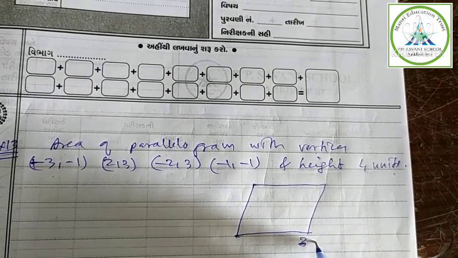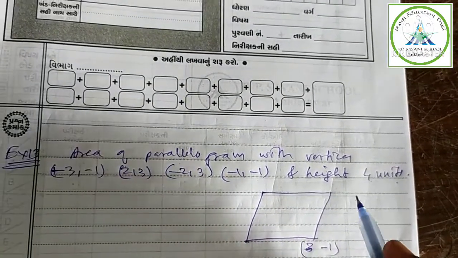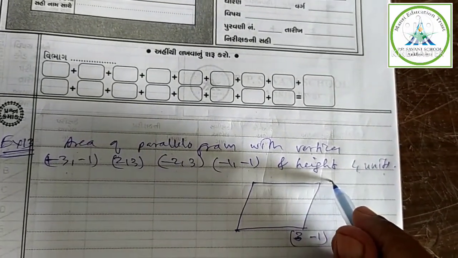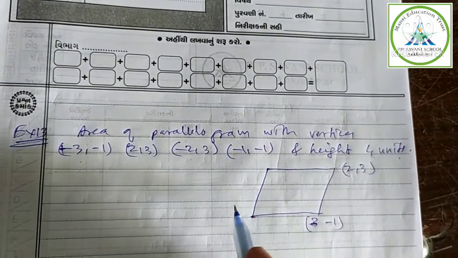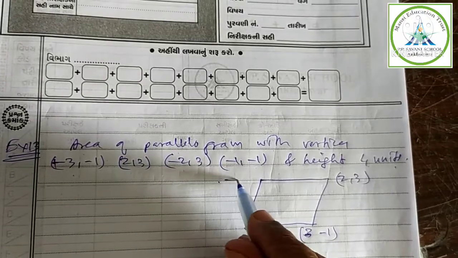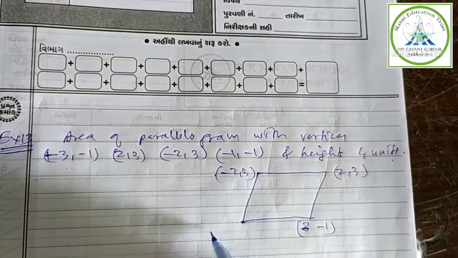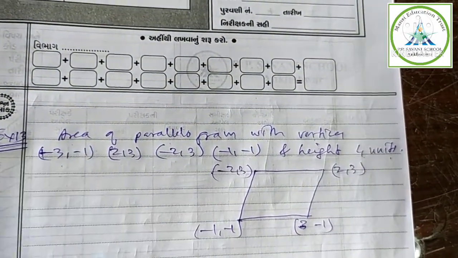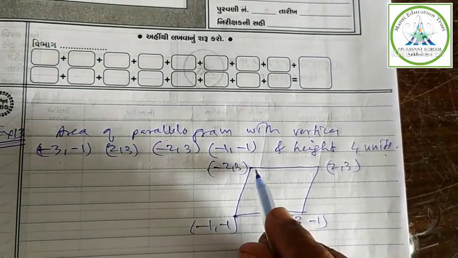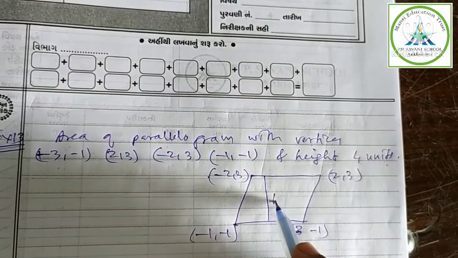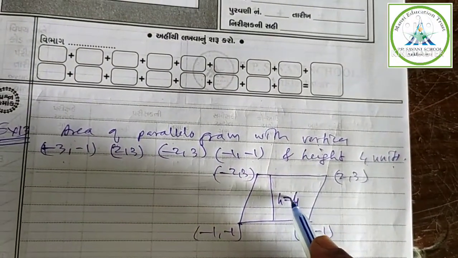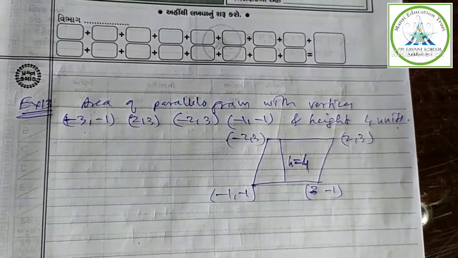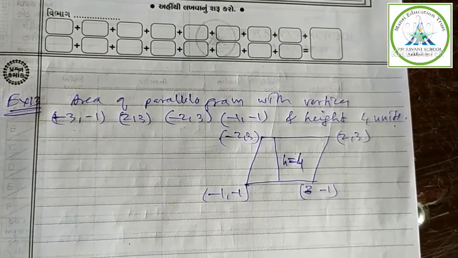This 3 minus 1, okay, 2, 3, right, minus 2, 3 and minus 1, minus 1, only for understanding, and the height is 4. Because students, look here, in your syllabus the area of a triangle is removed, so they may give an example like this.